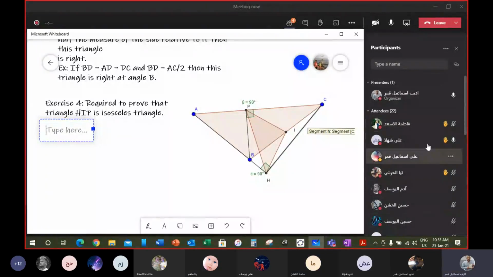In the triangle HIP we have I belongs to the perpendiculars drawn from B and C to segment AC and segment AB.